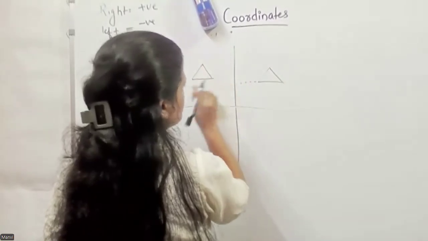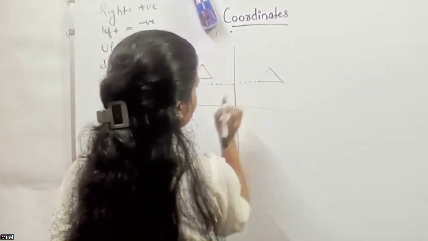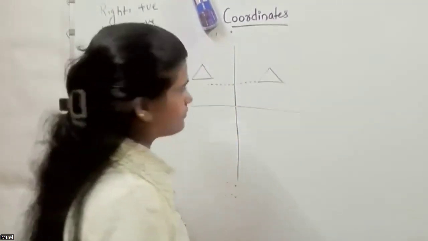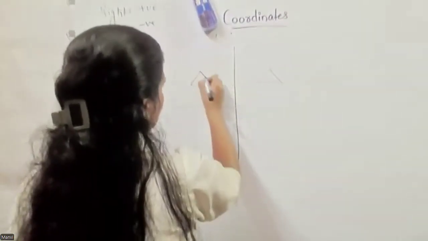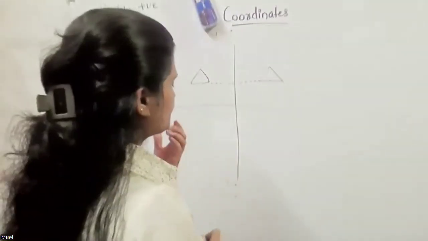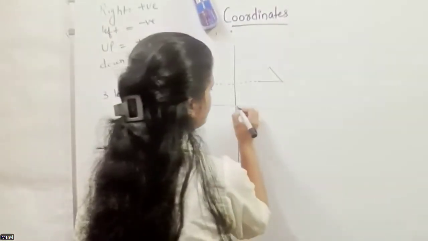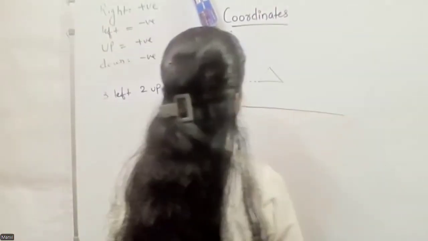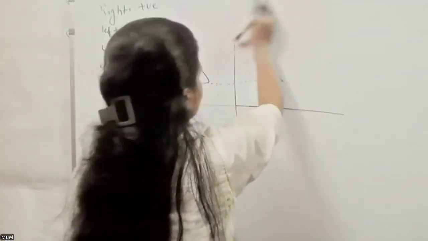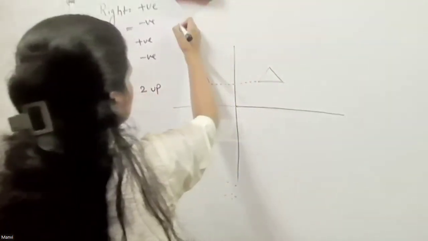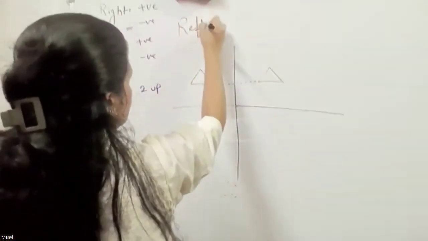Just the direction changes. So in coordinates also, if this point lies here, this is actually the reflection.